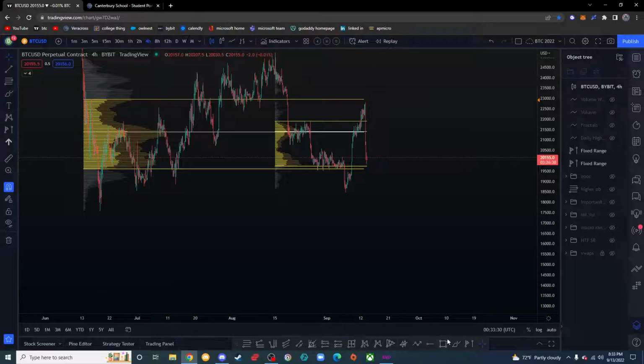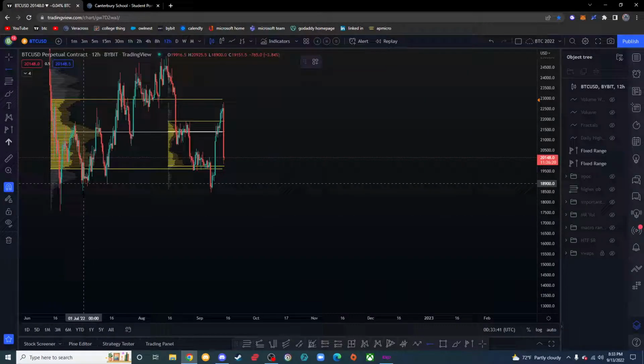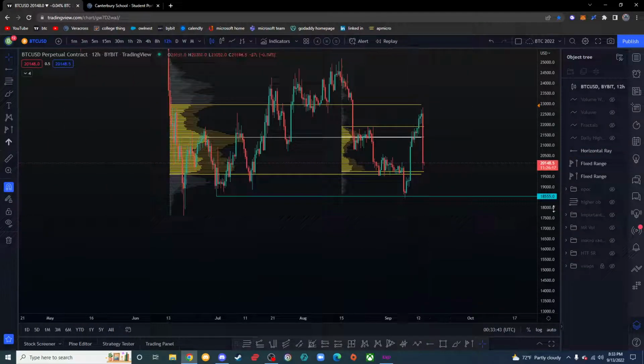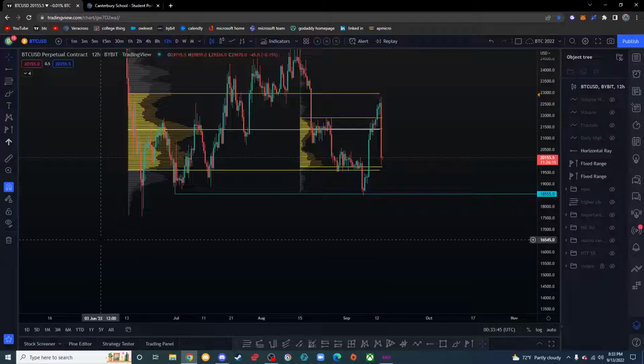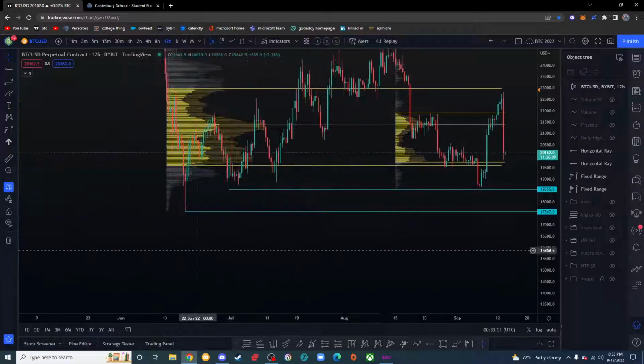We SFP'd our June whatever low, or June 30, I believe. If we do come back down to the absolute low of these ranges, the next low I'd be looking for potential swing failure would be this.